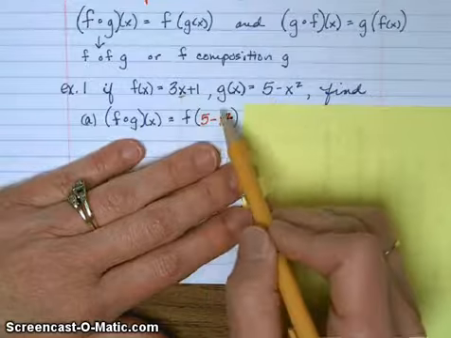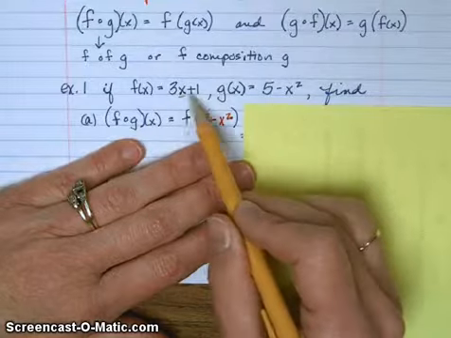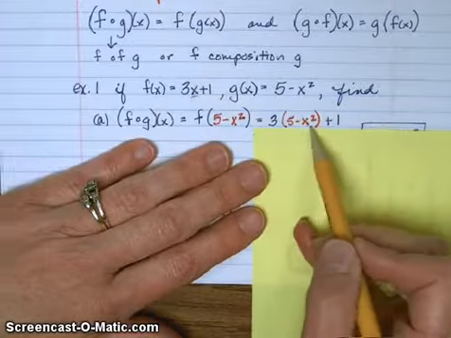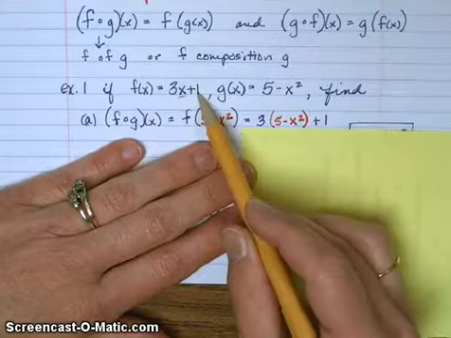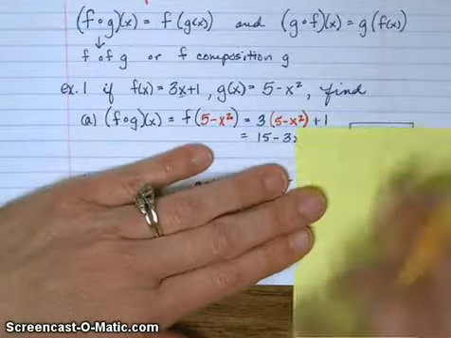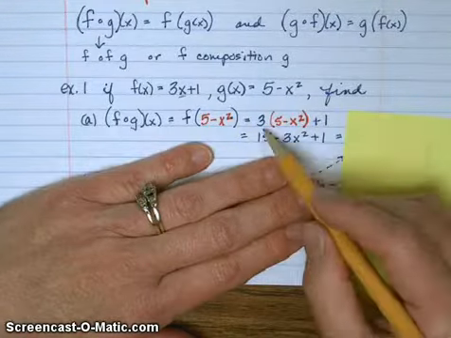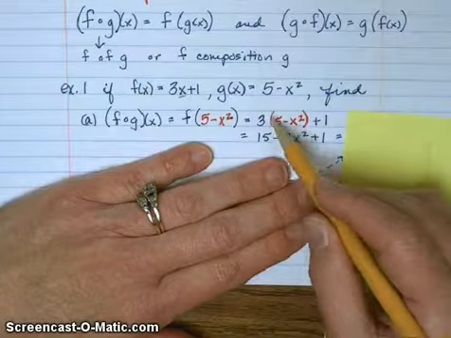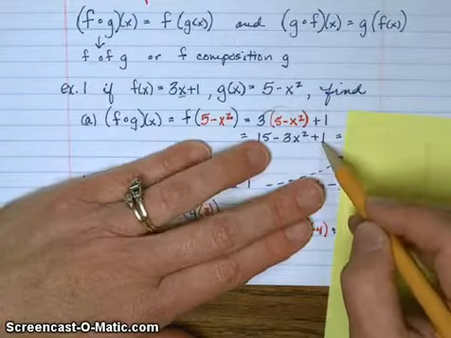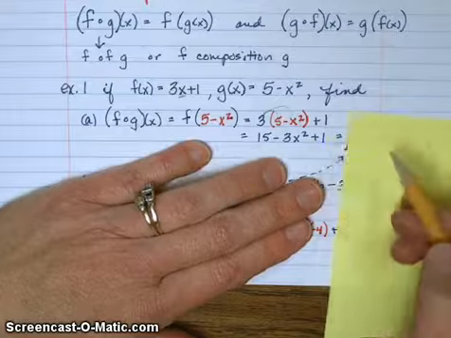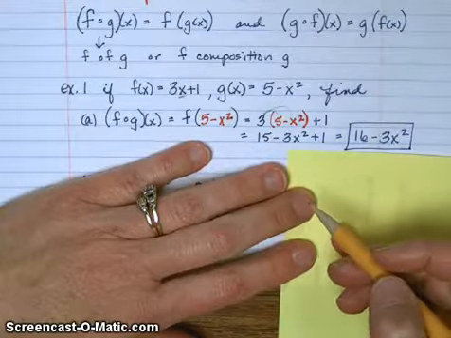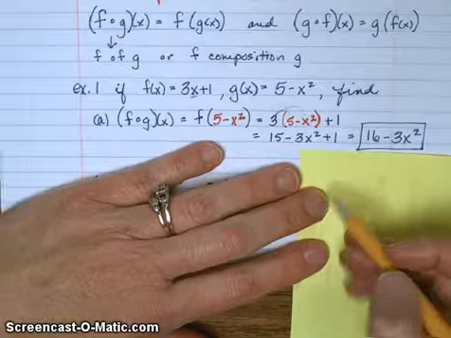So I would have 3 times (5 minus x squared) plus the 1. Okay, I distribute that, and I get 15 minus 3x squared, plus 1. I can combine the 15 and the 1 to get 16. That's my answer: 16 minus 3x squared. That would be that composition.